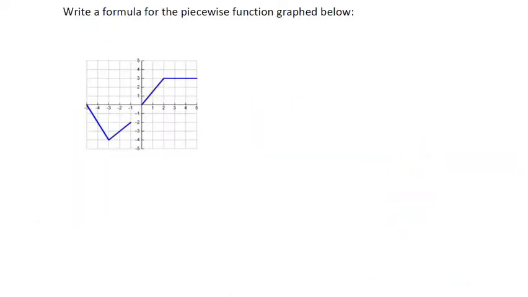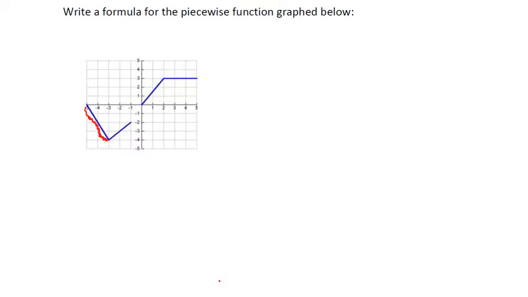Then our last example for the day is writing a formula for a piecewise function, so going backwards. This gives us a nice opportunity to review writing equations of lines. In this diagram, I see 4 separate pieces to my function. I'm going to outline those in color.